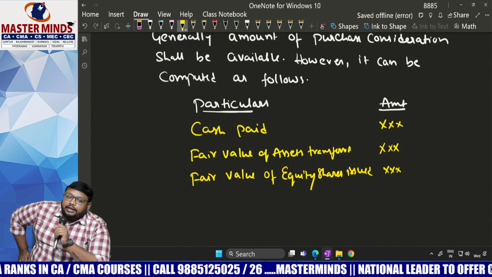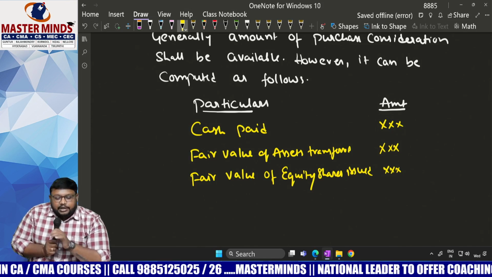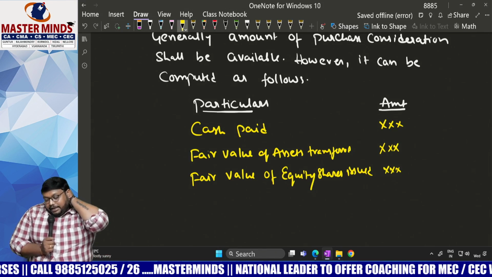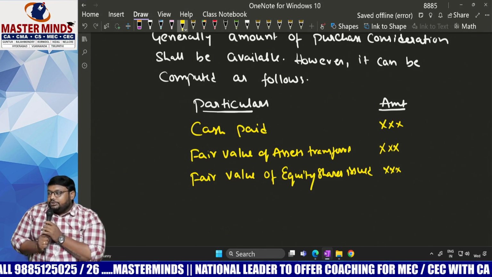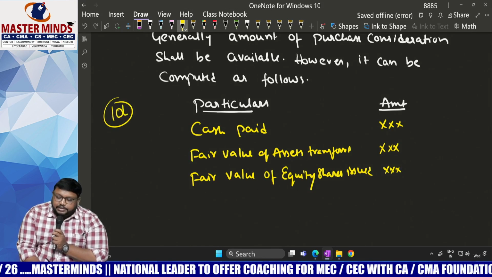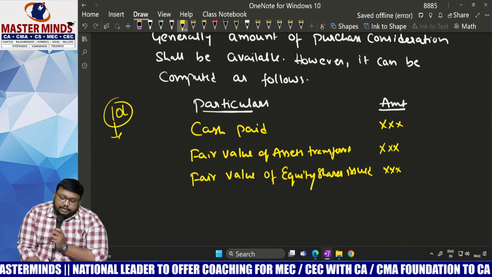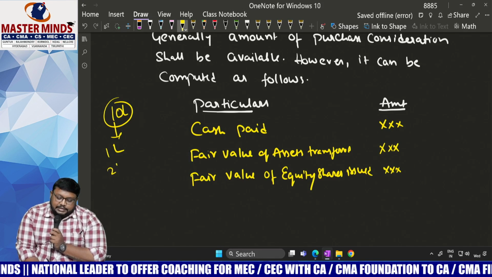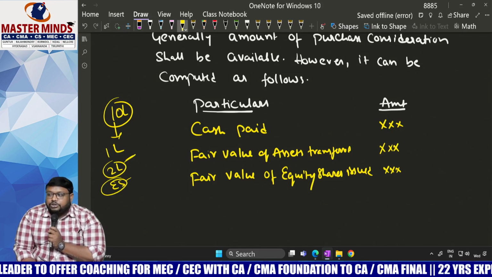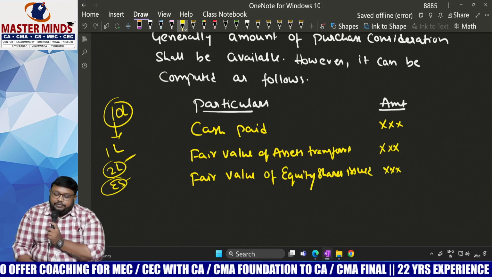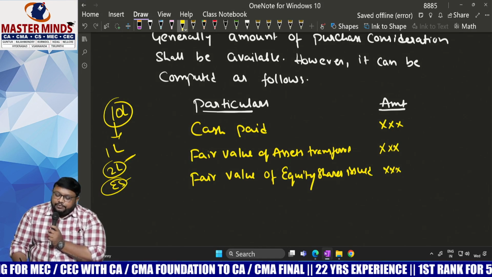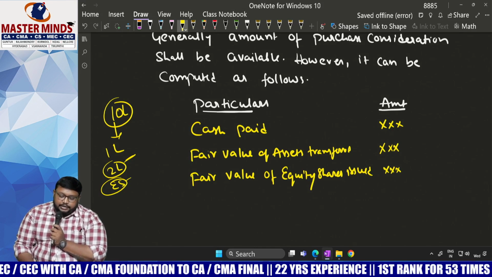The share value might be 10 rupees, but in the market the value is 120 rupees, so we have to consider 120. What is the fair value of equity shares that you are issuing as a part of purchase consideration? For example, I have to give 10 lakhs purchase consideration. In this 10 lakh, I can give 1 lakh cash or 2 lakhs equivalent equity shares. This 2 lakhs of equity shares that I am giving should be at fair values. So we count the fair value, and accordingly you get how many shares you have to issue. Okay, so the fair value of equity shares issued we have to take into consideration.